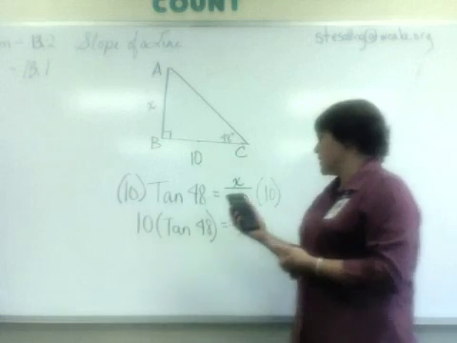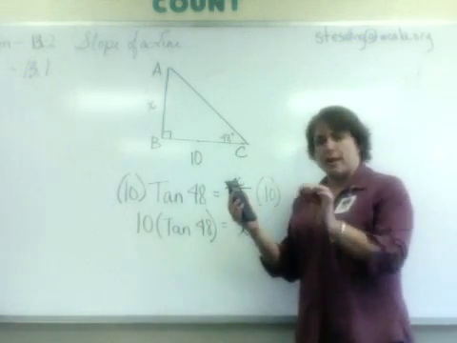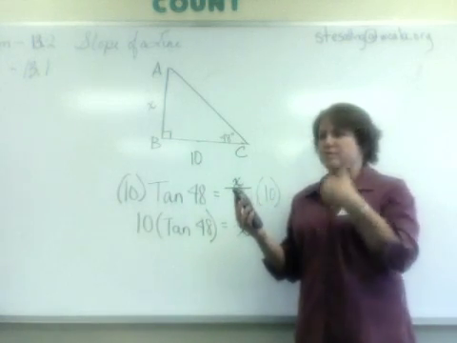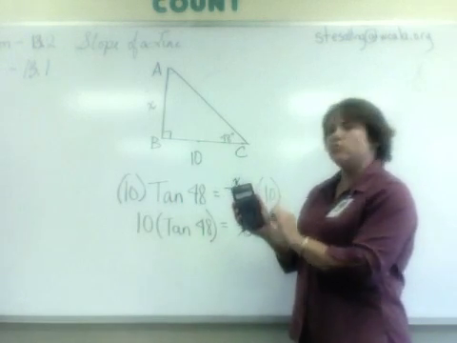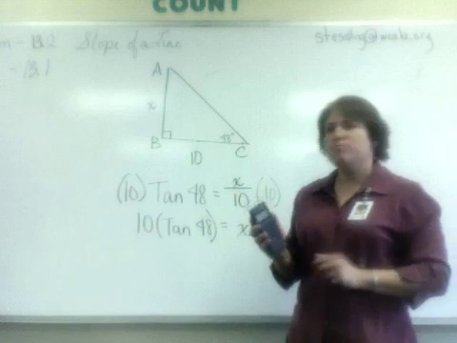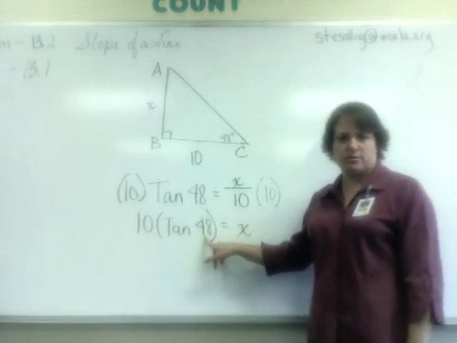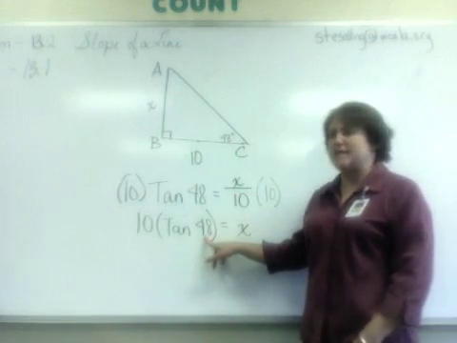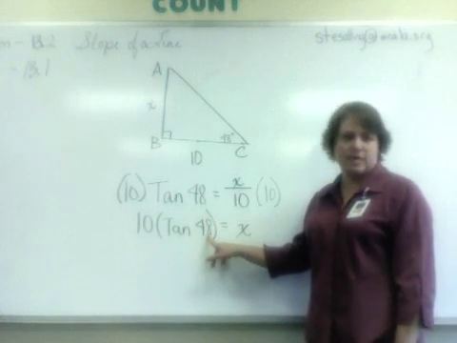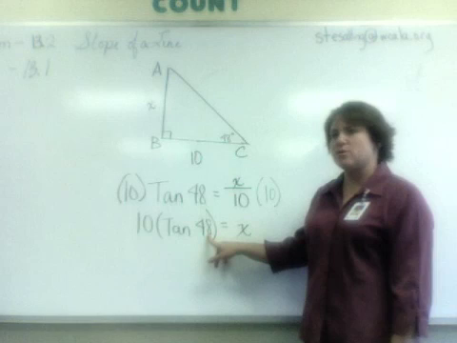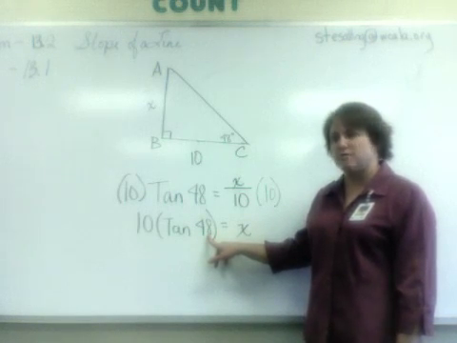All right. How do I know whether to use the regular button or whether to use the second function key? When you know the angle measure right here, you simply hit sine, cosine, or tangent. When you know the angle measure. So right now I want us all to find out what is the tangent of 48.